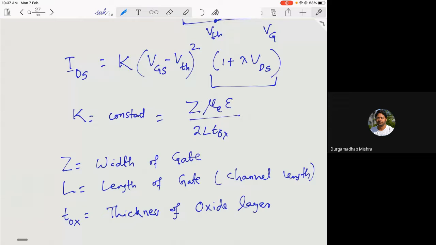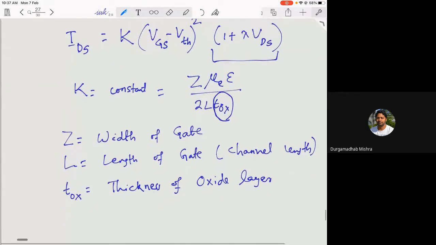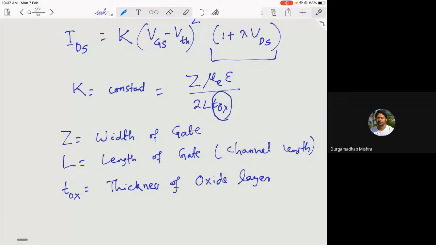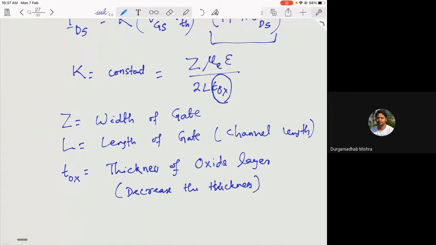And to increase this K value, if I decrease T ox, the thickness of the oxide layer, I can increase the K value. So one way of increasing the saturation drain current is by decreasing the thickness of the oxide. If you decrease the thickness, you can get higher drain current for the same device.